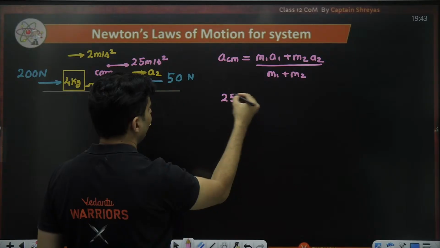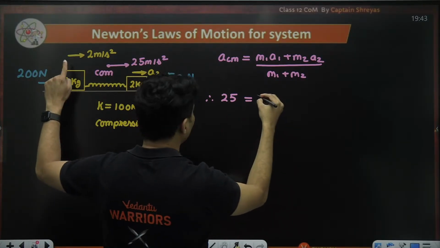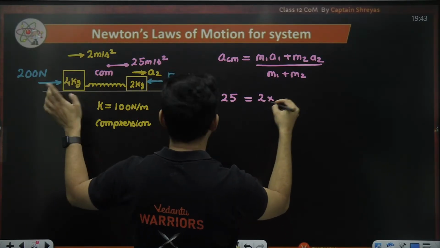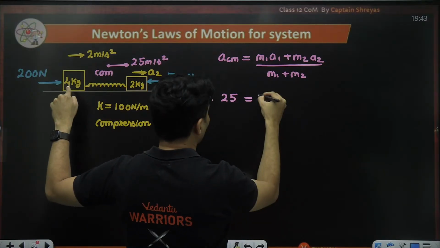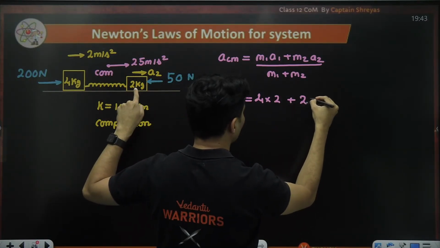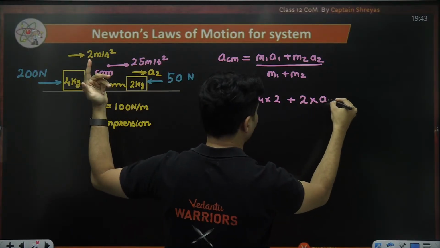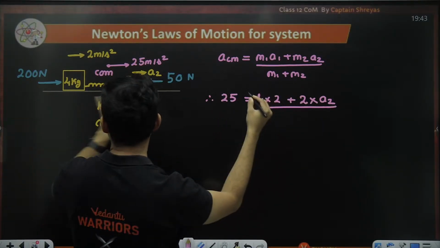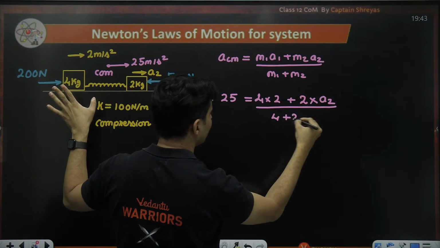ACOM is 25. Okay. Mass 1 is basically 2. Sorry, not 2. My bad. 4. Acceleration 1 is 2. Mass number 2 is 2. Acceleration, well, I do not know. Whole thing divided by M1 plus M2, which means 4 plus 2.